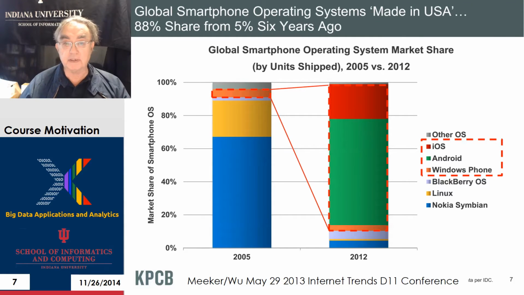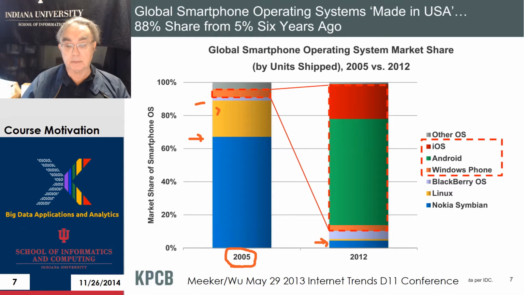Here we have another version of this plot in a later slide, but here is an illustration of how there's been, even from 2005, a drastic change in the smartphone operating environment. In 2005, we had Symbian, which is now essentially disappeared.